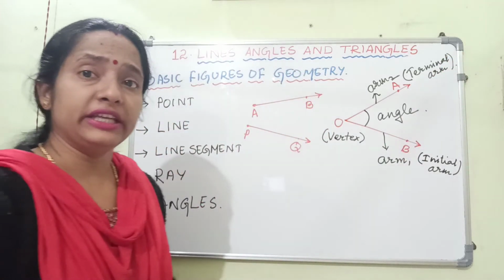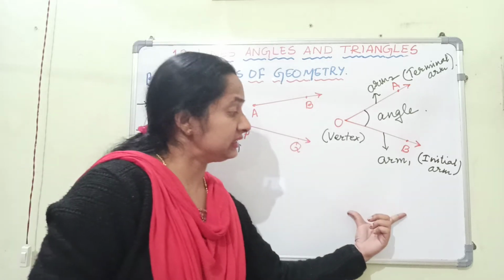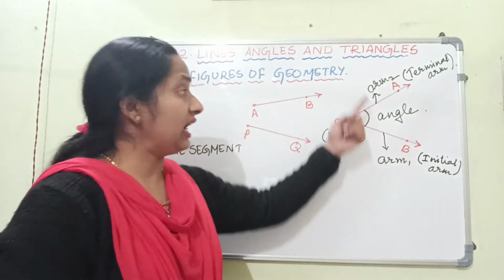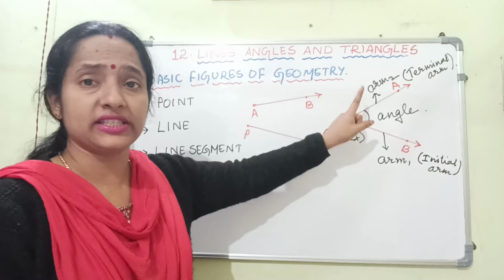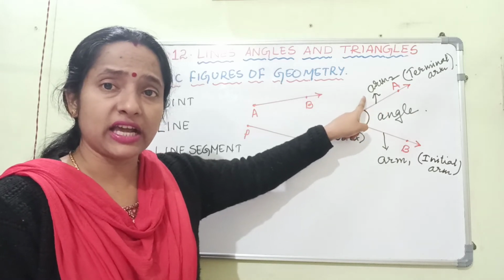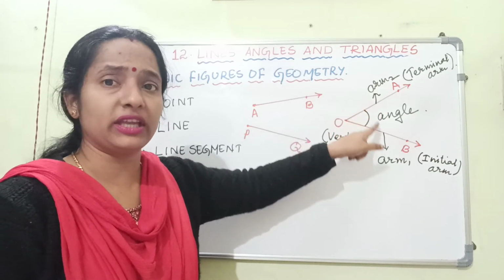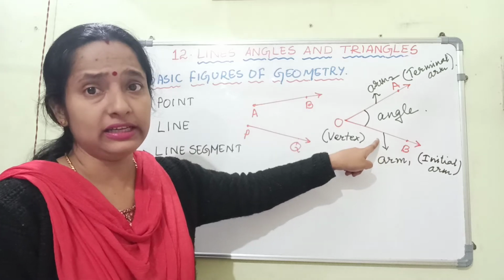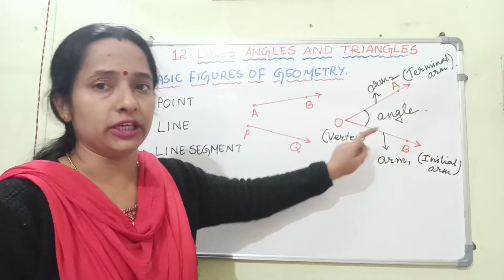So it is not always necessary to take the arm here as the fixed one. The other arm also you can take as fixed. If you consider this arm as the fixed arm or the initial arm, then the other arm will be considered the movable or the terminal arm.